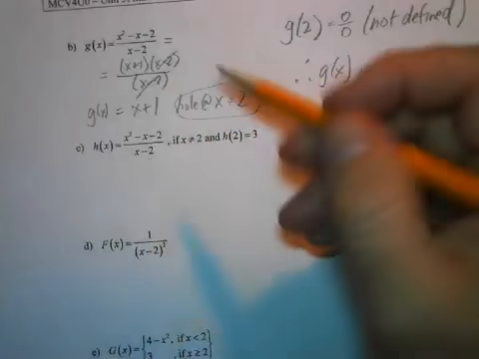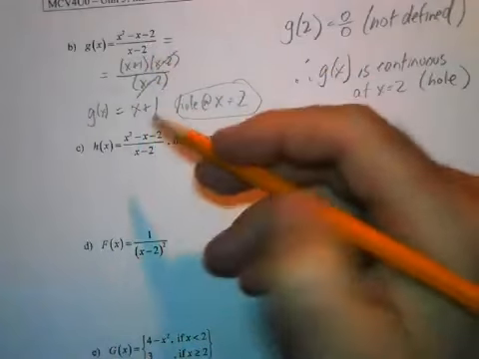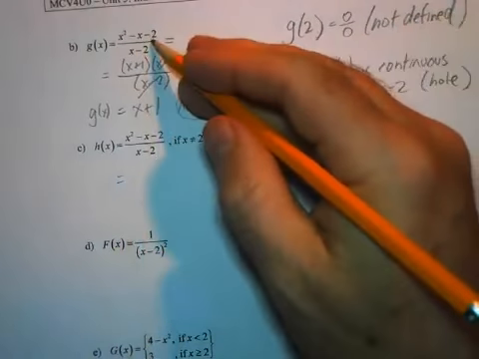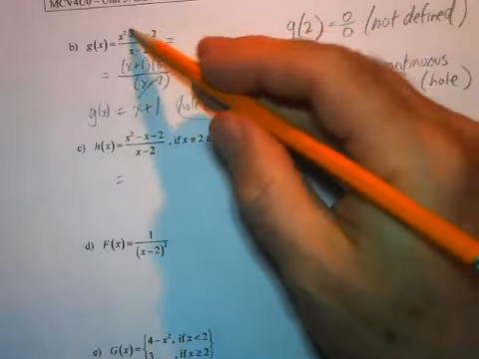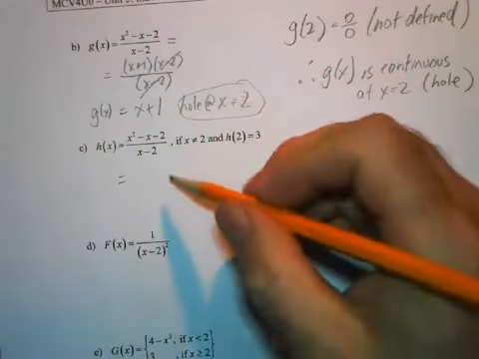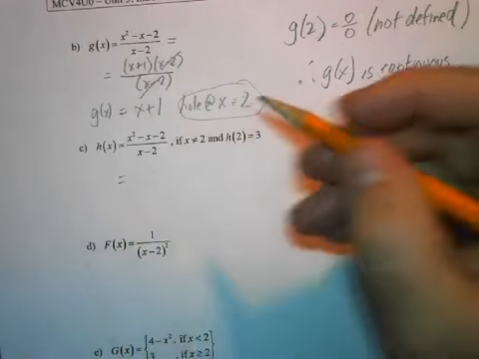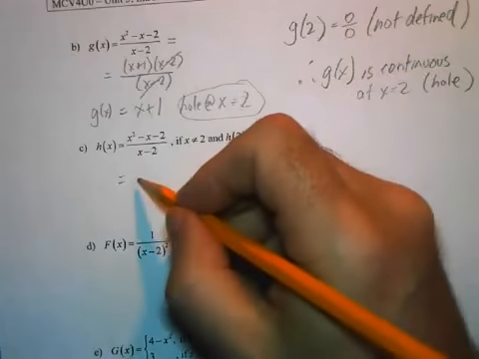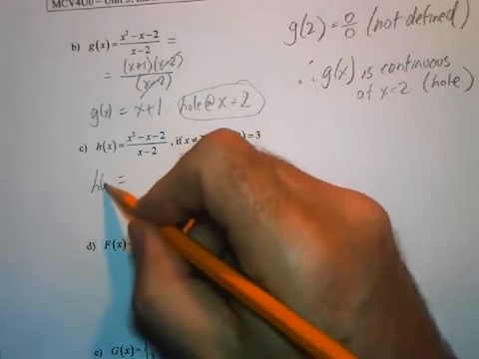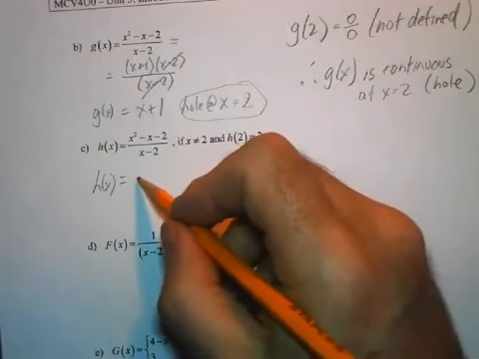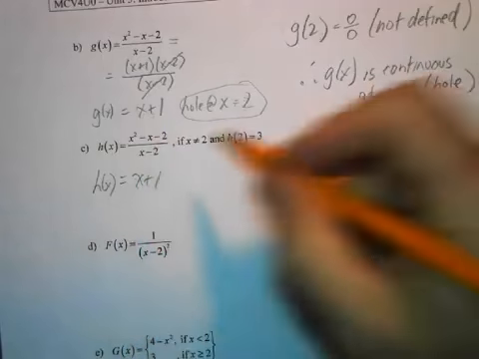Now, here's another, basically the exact same situation, same function, but we just call it something different, h. This time, I guess we could simplify that to x plus 1, because we cancel the x minus 2's.